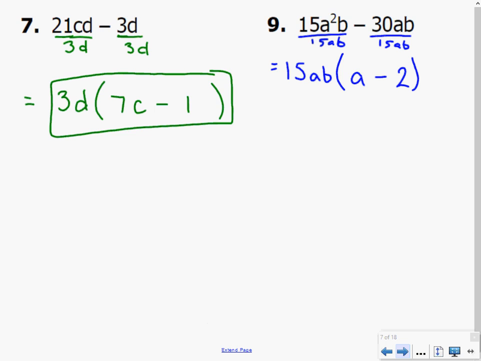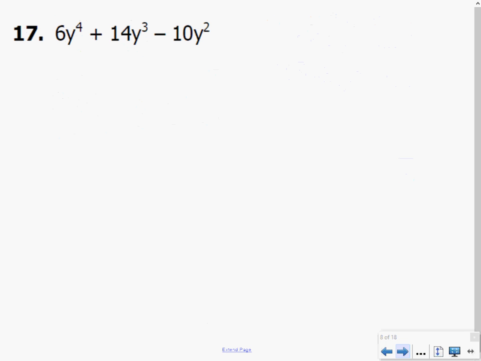Okay, I want to look at one more example where we have 3 terms. Now, when we have 3 terms and we're trying to find the GCF and factor the GCF out, we have to find what is in common between all 3 of these terms. Not just 2 of the 3, but all 3 of them. So we need to figure out the biggest number that each of these 3 numbers is divisible by.